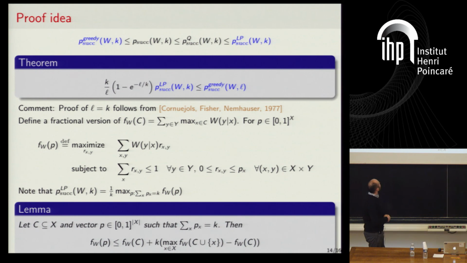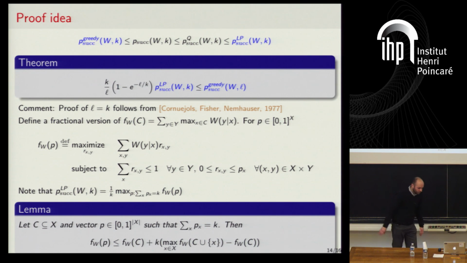Think of p as a fractional version of the code, and you can define fw of p in this way. In particular, if px is 0 or 1, then this takes exactly the value of the corresponding set. So it's a generalization of this fw.